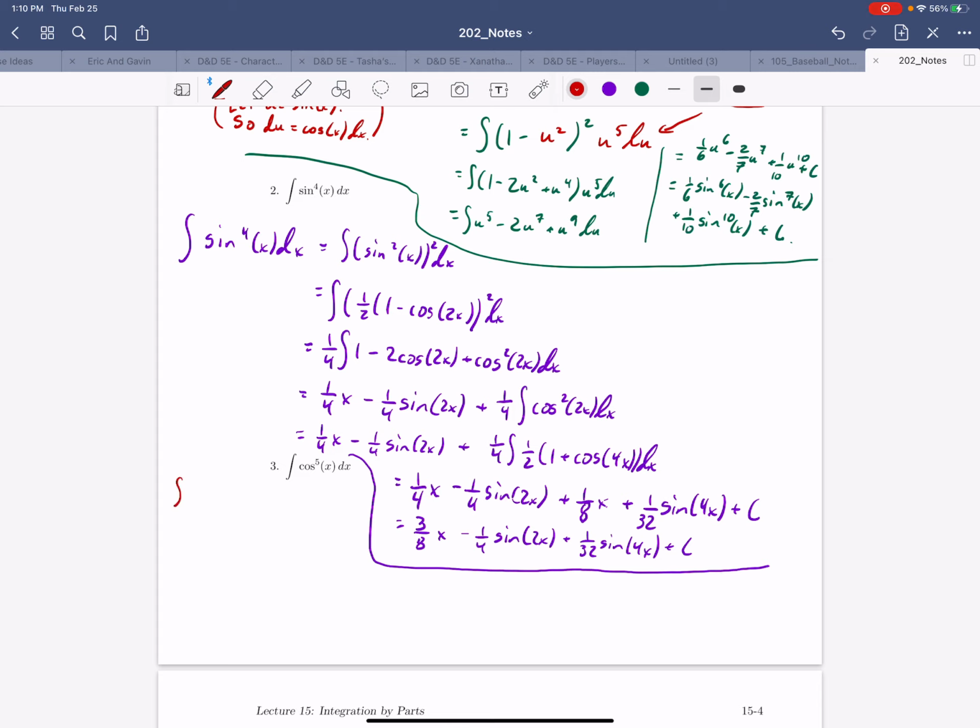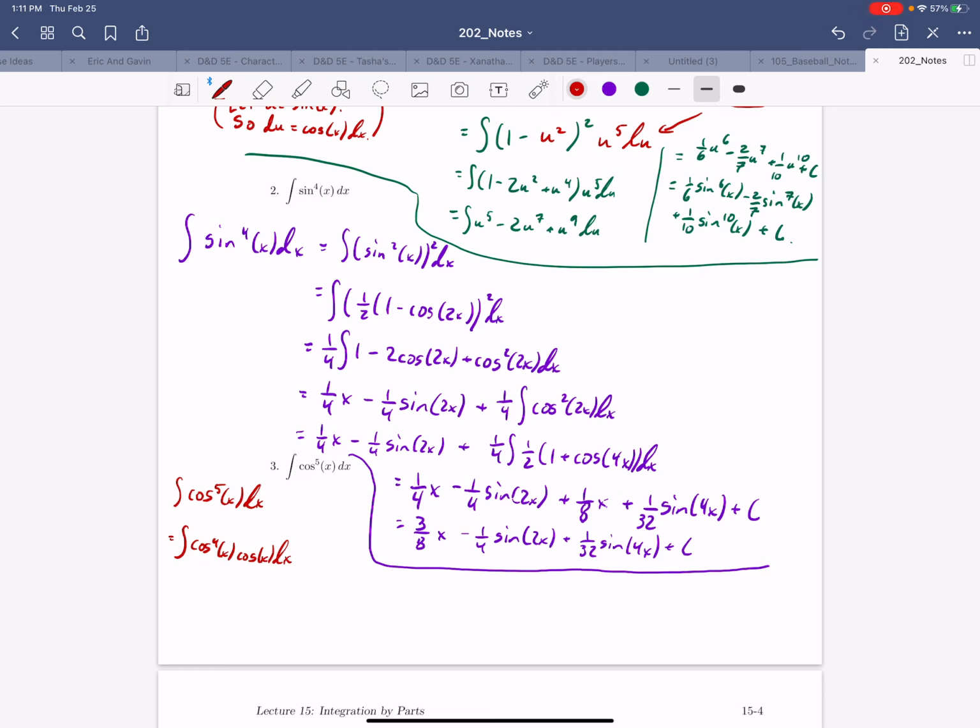So we're gonna write the integral of cosine to the 5th of x dx equals the integral of cosine to the 4th of x times cosine of x dx.